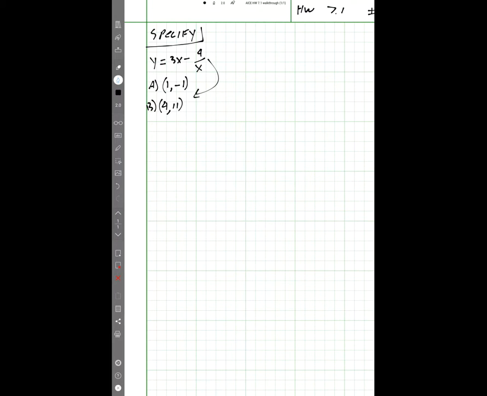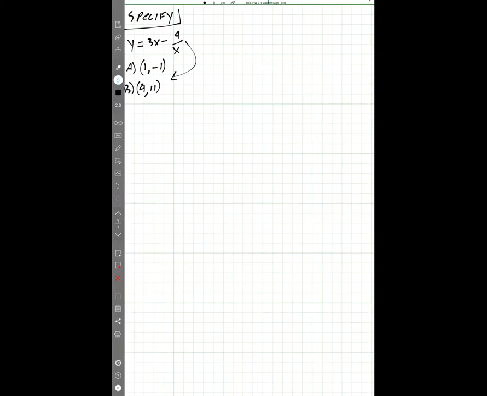It says at each of the points C and D on the curve, the tangent is parallel to AB. Find the equation of the perpendicular bisector of CD.